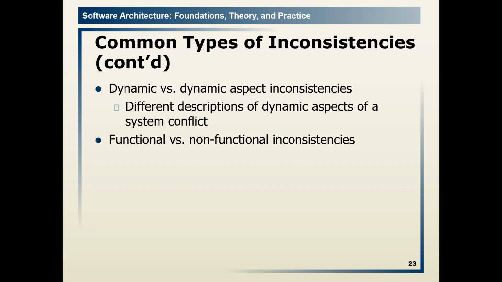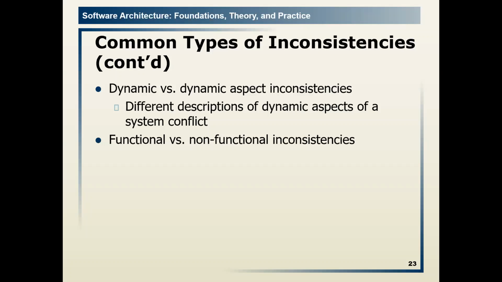Then there might be functional versus non-functional inconsistencies. Most of the time we are easily able to identify the functional requirements and include them in our models. But when it comes to depicting the non-functional requirements, we need to specify the adjectives and adverbs that qualify our non-functional requirement.